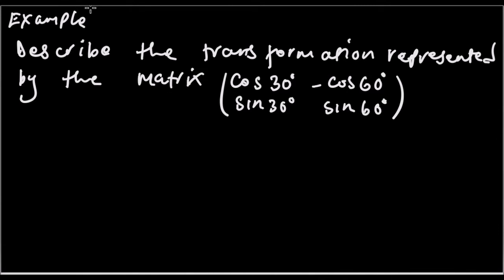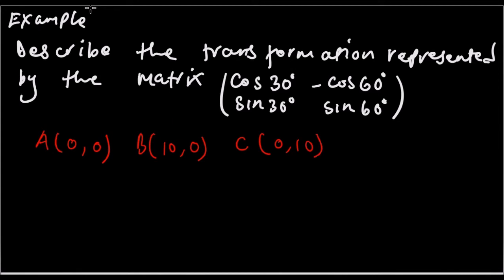So what I'm going to do is take a triangle. A is 0, 0, B is 10, 0, and C is 0, 10. You note that it's not always a triangle you can transform. You can use a square, any figure, as long as you are able to form a matrix.